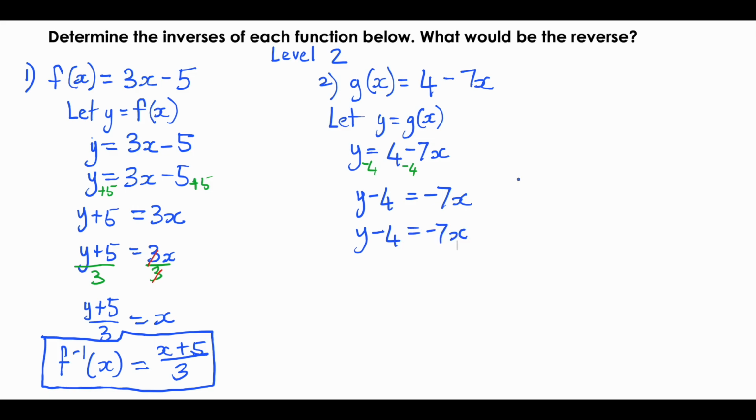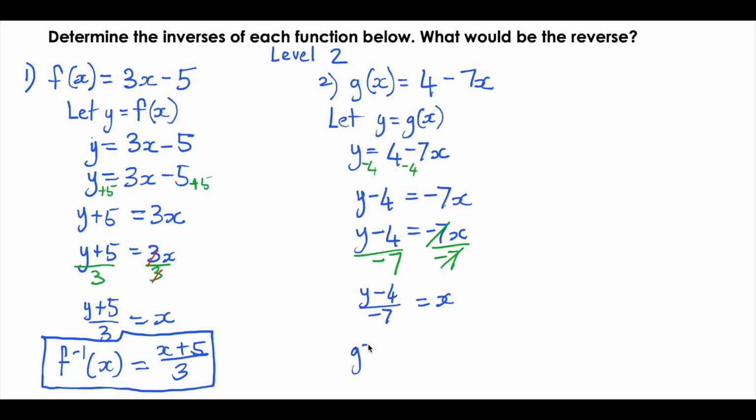Cancel out the negative 7. Excellent. We cancel out the negative 7, so we divide both sides by negative 7. Then now we actually have x by itself. So we're saying y minus 4 over negative 7 is equal to x. Now I can write the inverse of g.